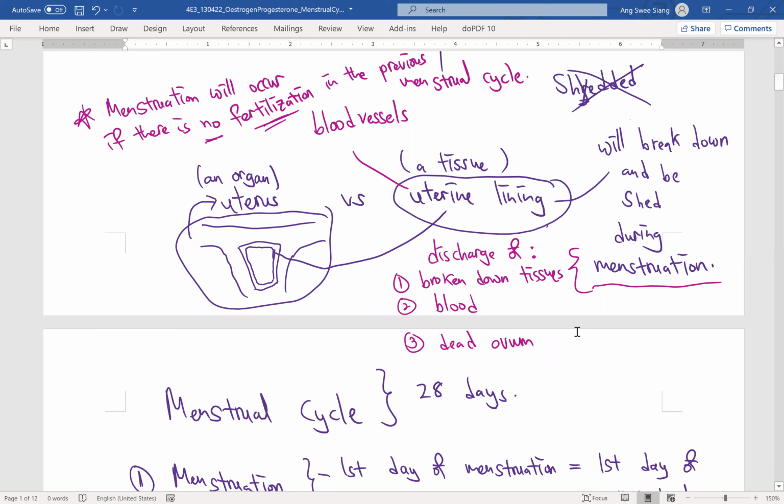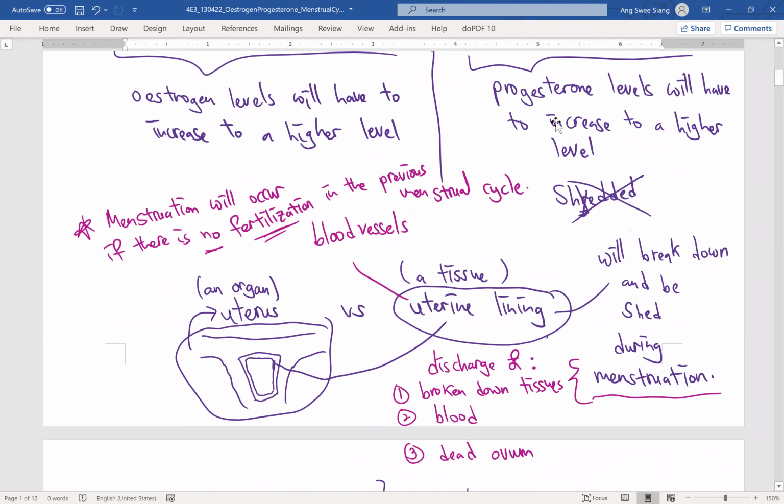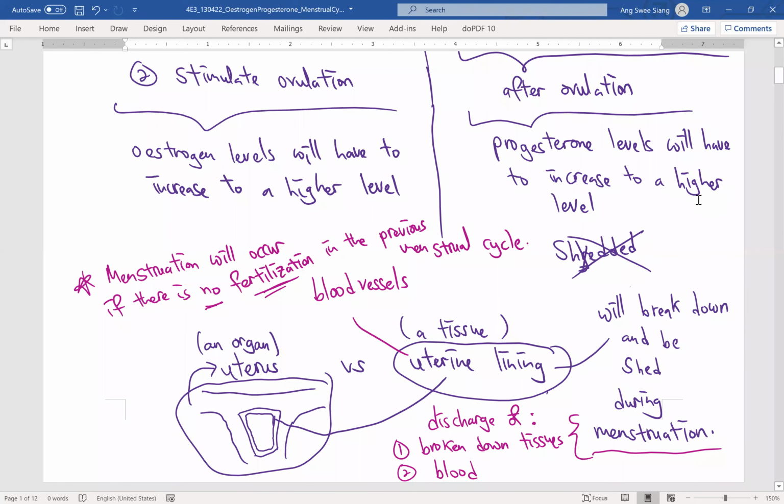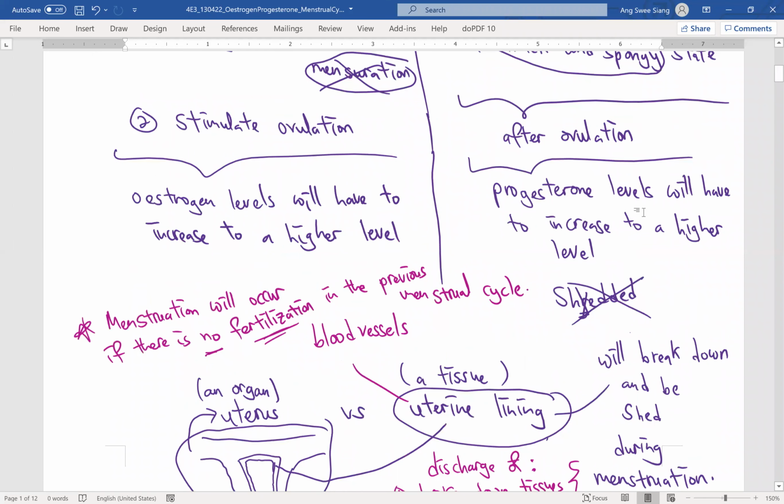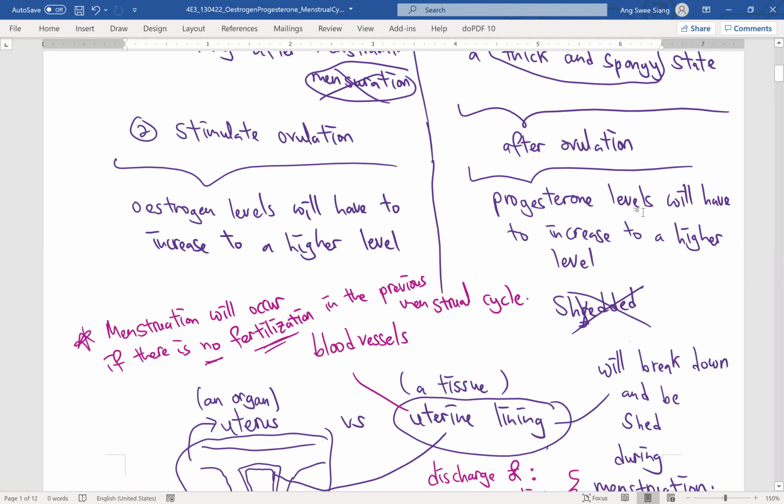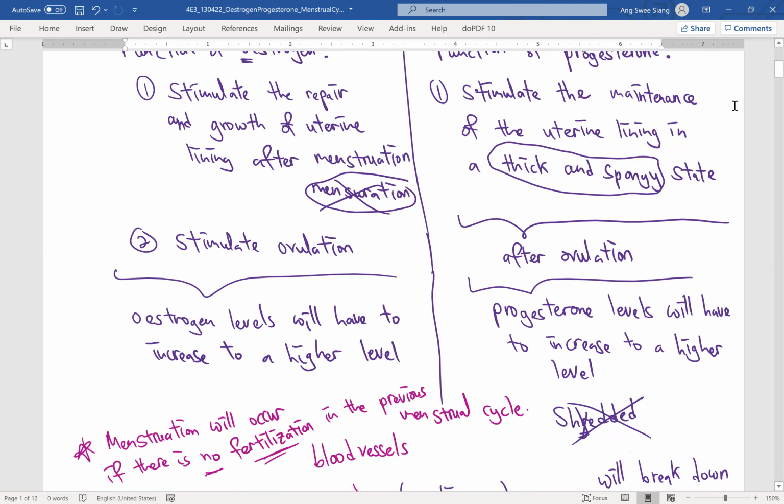Sorry, what are the causes of miscarriage? There are many reasons that can cause miscarriage. One of the most common ones is the female sex hormone, especially the progesterone level, which cannot be maintained at a certain level. You need to remember that the function of progesterone is to stimulate the maintenance of the uterine lining in a thick and spongy state.